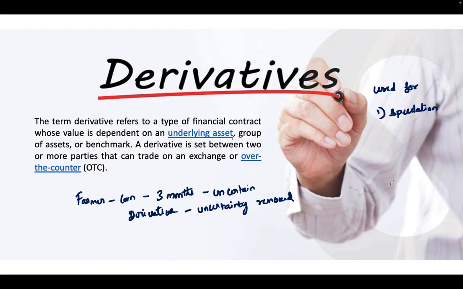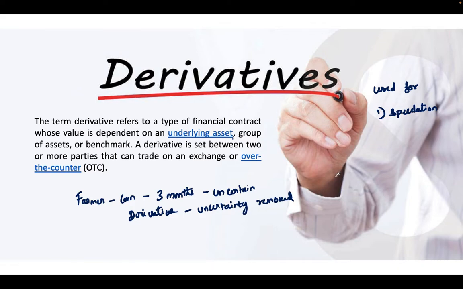A speculator is one who bets on a price movement in his favor. In effect, speculators use derivatives as a tool of leverage to enhance return, or to lose more money if they are proved wrong. So, financial derivatives are used for speculation.